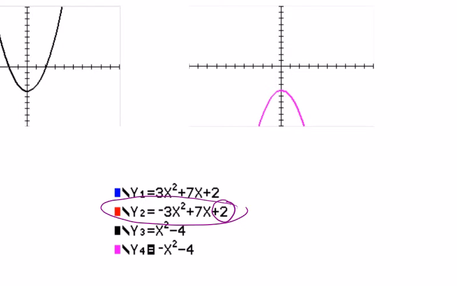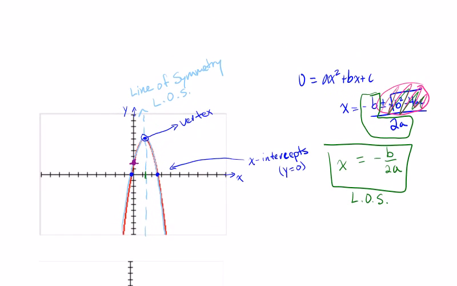Just like with the x-intercept, where we set y equal to 0, for the y-intercept we set x equal to 0. So we're finding f of 0. If I plug in 0 for x, this goes away, and we just get the constant. So in this case, f of 0 would be 2, and that's consistent with what we thought on the graph.